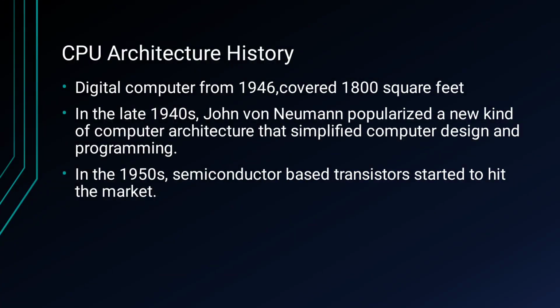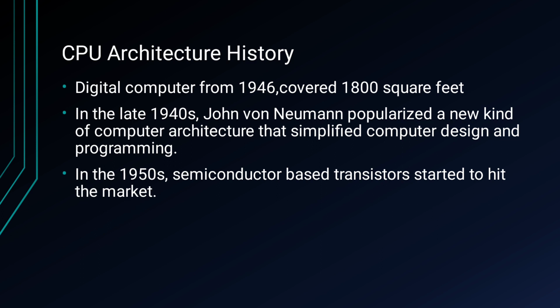Then we tackled the CPU architecture history. First, the digital computer from 1946 covered 1,800 square feet. In the late 1940s, John von Neumann popularized a new kind of computer architecture that simplified computer design and programming.